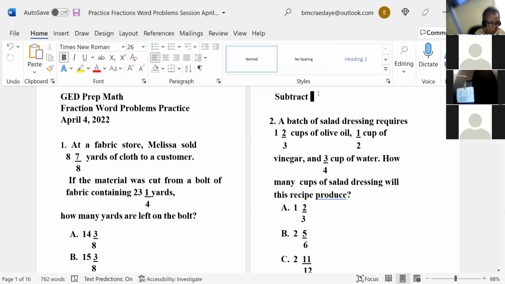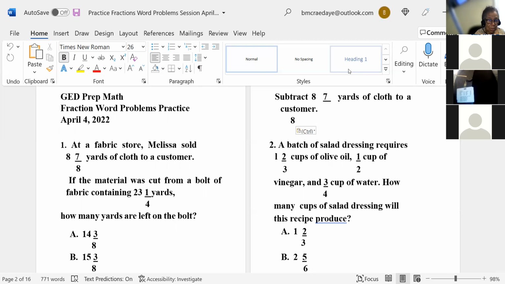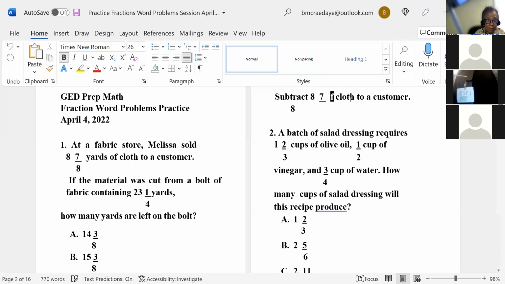So we're going to subtract 8 and 7/8. This is a mixed number, right? Subtract 8 7/8, and she said subtract that from 23 and 1/4, and that is correct. So let's just put that here.